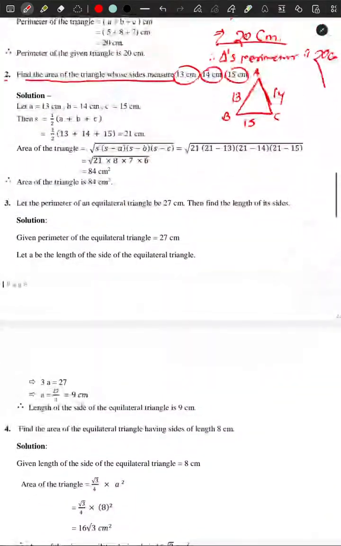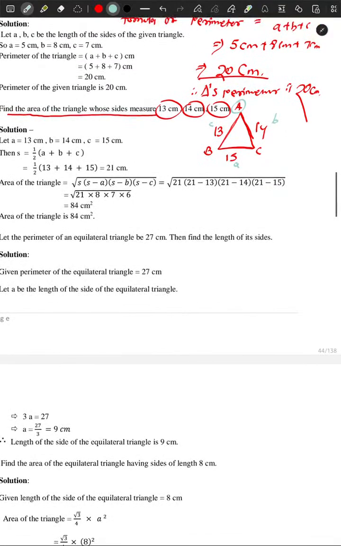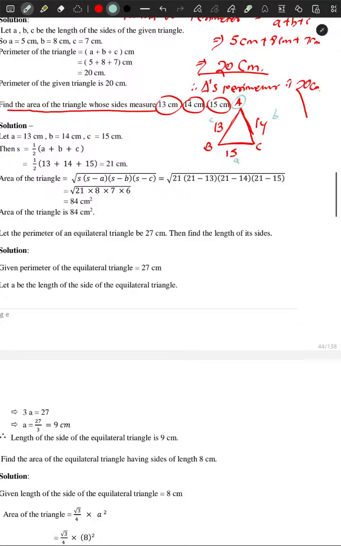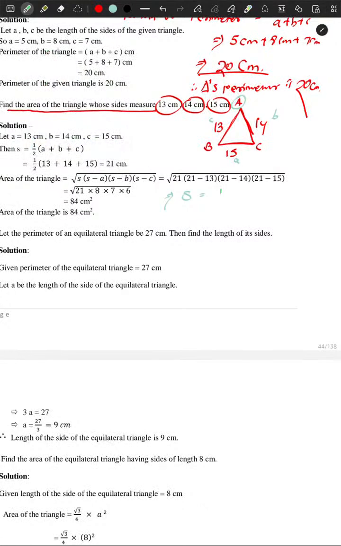As I said, the side opposite capital A is denoted as small a, and similarly small b and small c. At first we figure out the length of s, equal to half into a plus b plus c.